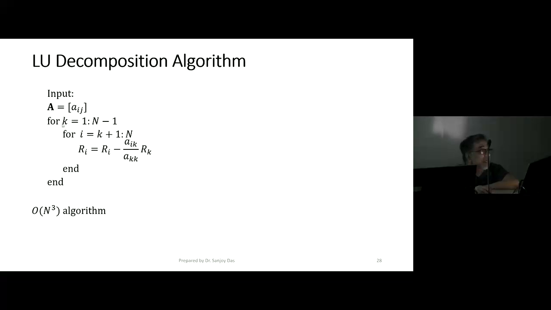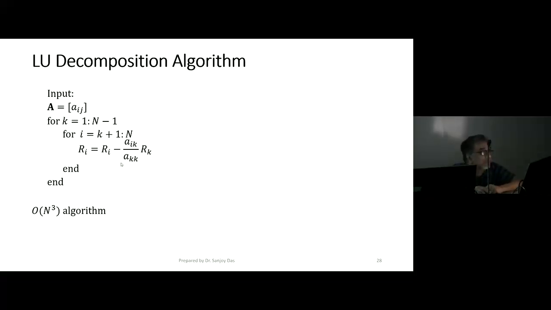This is the step index. It goes from 1 through n minus 1, and then I'm looking at rows below k, so k plus 1 through n, and then I'm doing this operation. And mind you, I ignore the previous columns because they're all zeros already.